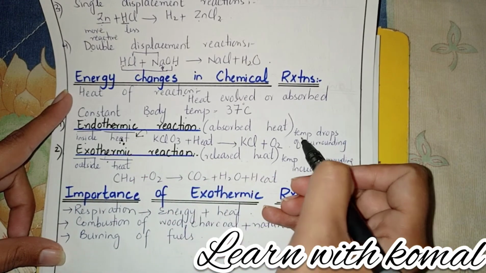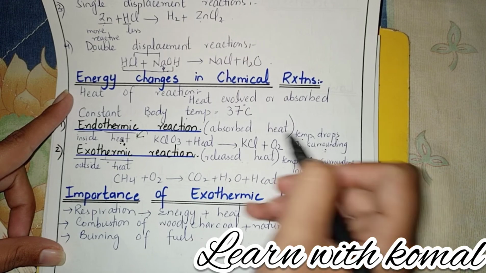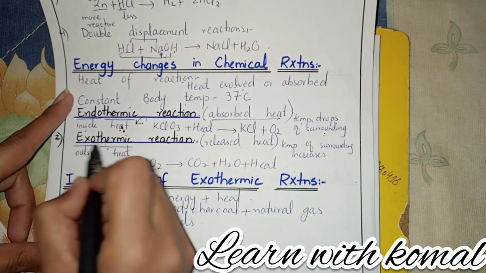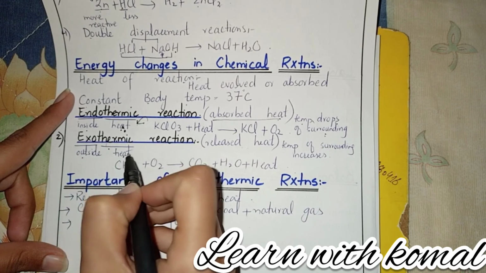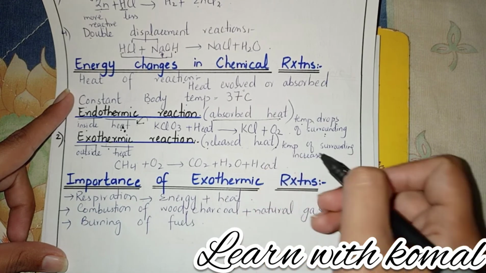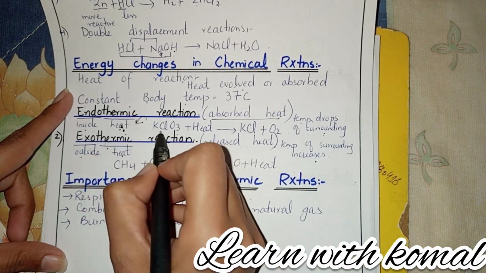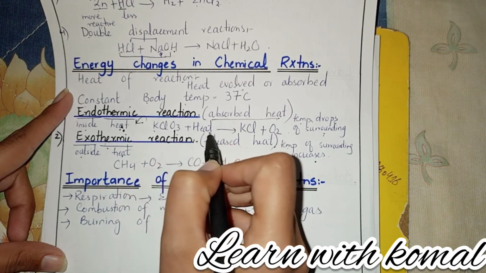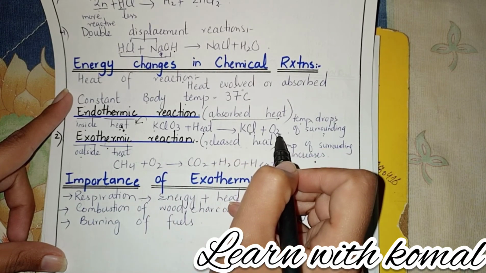So in this way the temperature of the surroundings drops, and we absorb heat in endothermic reaction, while in exothermic reaction, exo means outside, therm means heat, so it releases heat, so the temperature of the surroundings increases. An example of endothermic reaction is potassium chlorate combined with heat, it will form potassium chloride plus oxygen.